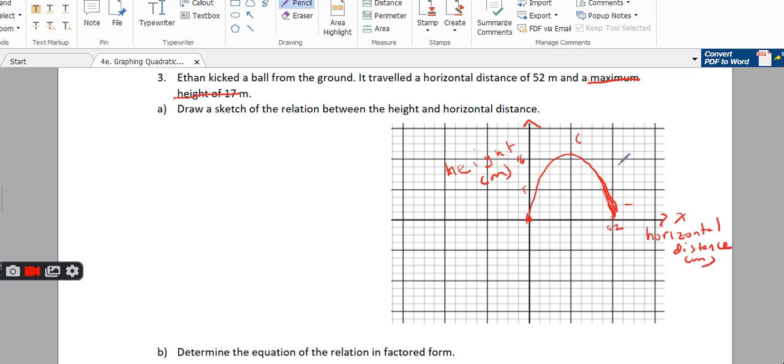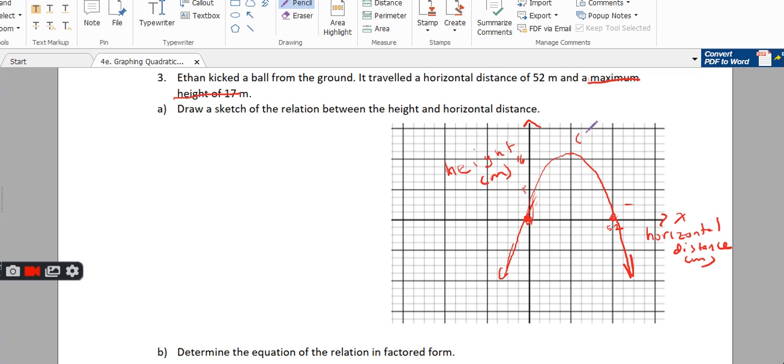Now technically parabolas go on forever, right? So it crosses at 0, and this crosses at 52.